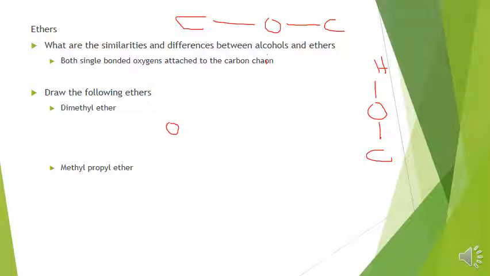In this case, you have 2 methyls, one on one side and the other on the other side. Methyl propyl ether: draw your oxygen, and you have a methyl on one side, doesn't matter which side, and you have propyl on the other side. Okay, hopefully that's pretty simple.